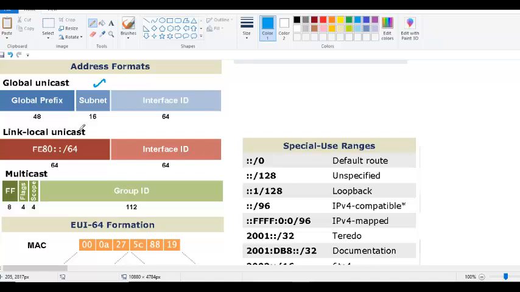You need to simply increment values. See, there is nothing to learn in IPv6 subnetting. I am going to show you. You're going to learn, but it won't take 2 minutes.